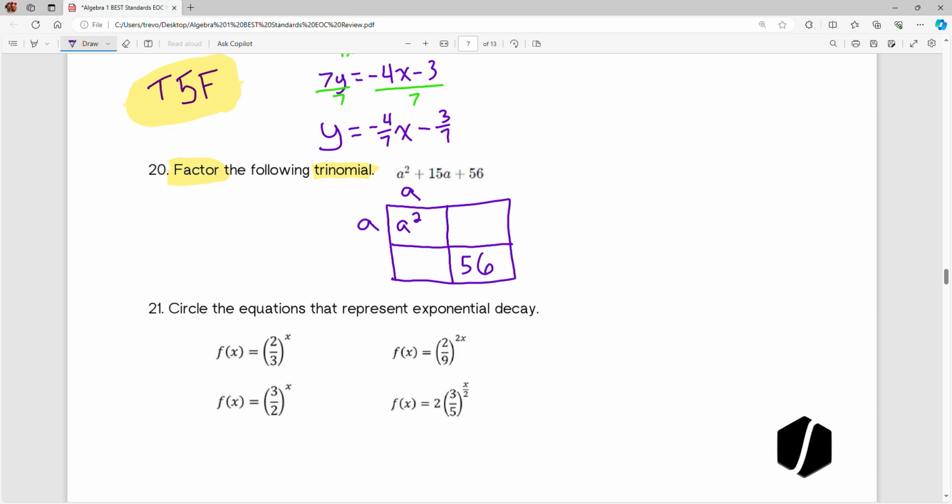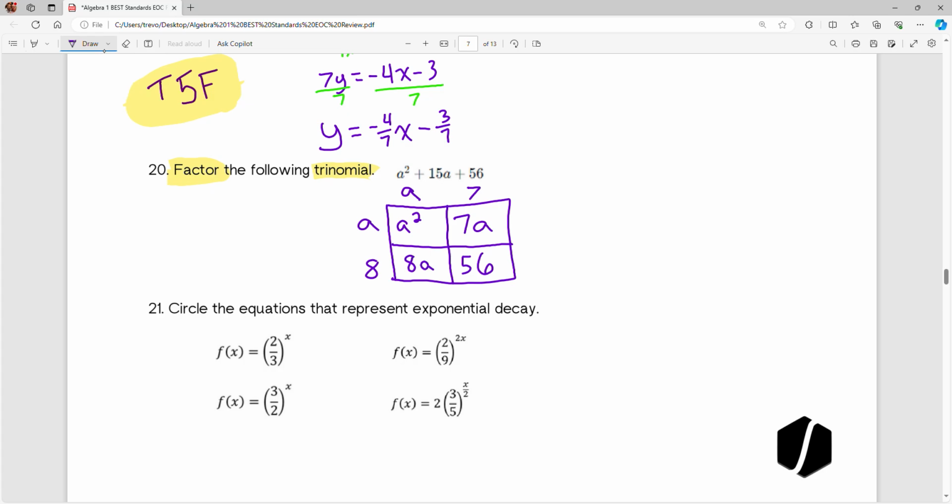And I'm thinking of my times tables, and I know that 7 times 8 will give me 56. I also know that 7 plus 8 will give me 15. So if I put a 7 and an 8, I'm pretty sure this is what we need to do to factor this trinomial. So a times 7 would be 7a, and a times 8 would be 8a.